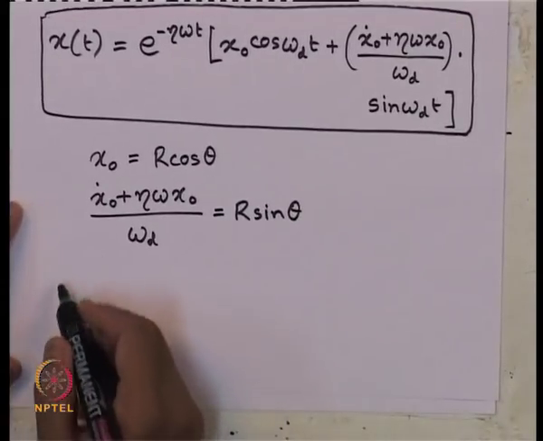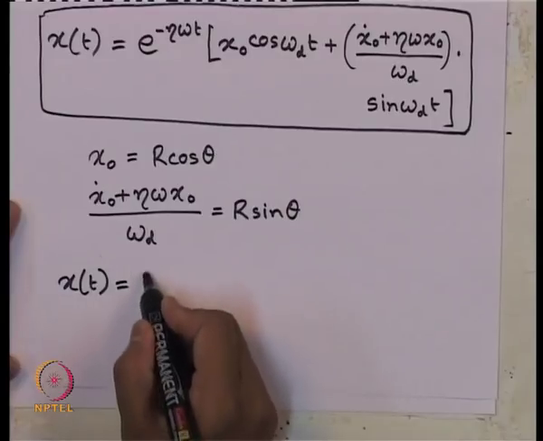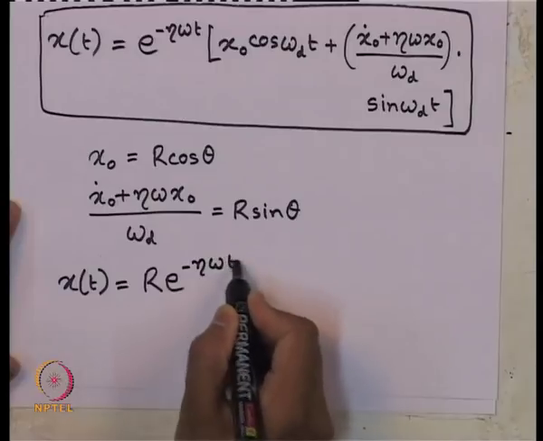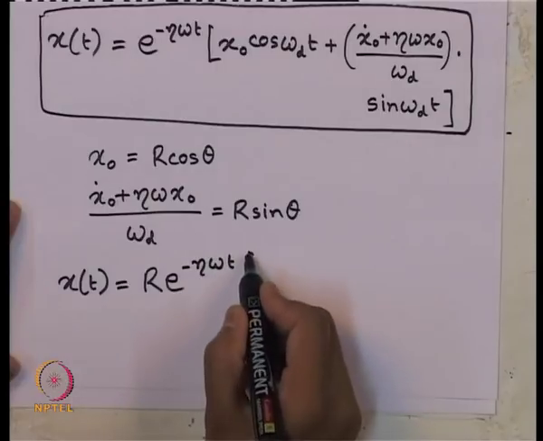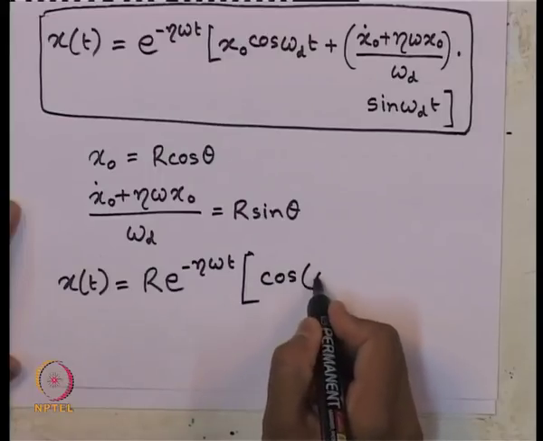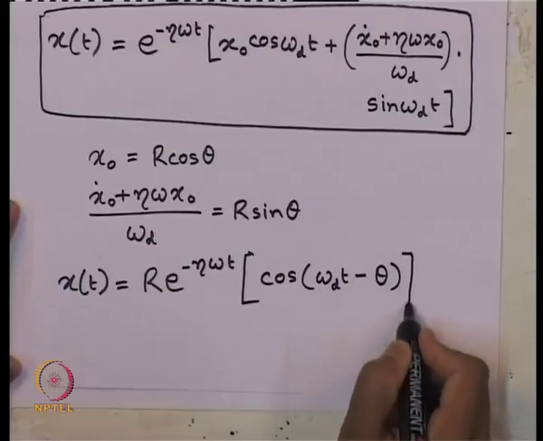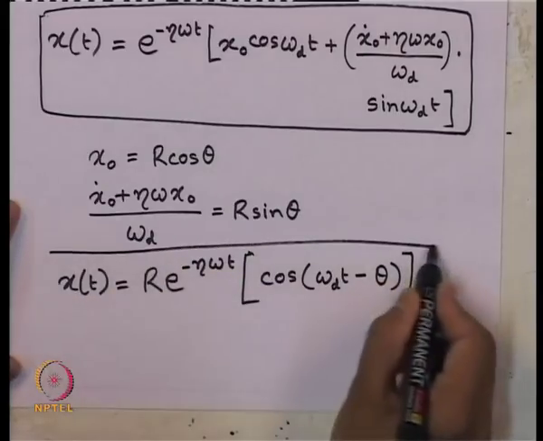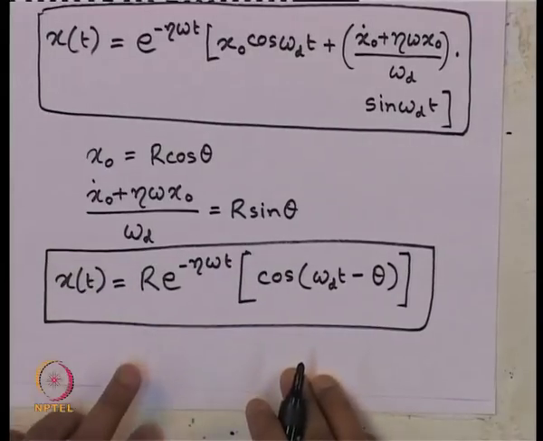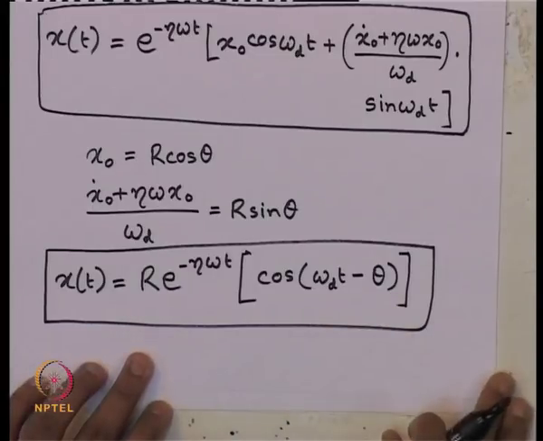Then the solution will be given as r e to the power minus eta omega t times cosine of (omega d t minus theta). That will be the form of solution in the polar coordinate system, with r as the amplitude of motion and theta as the phase.